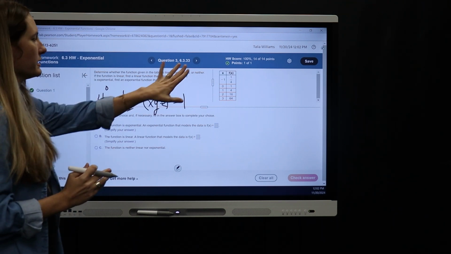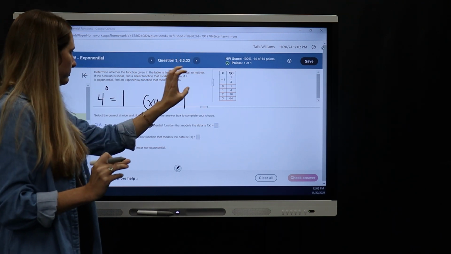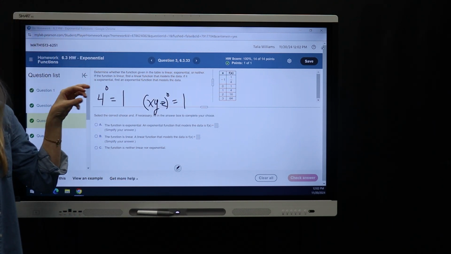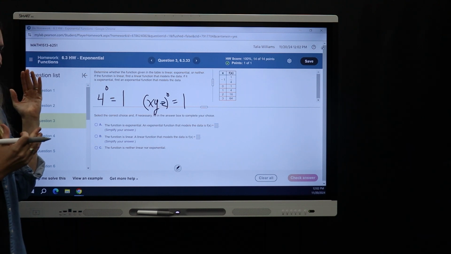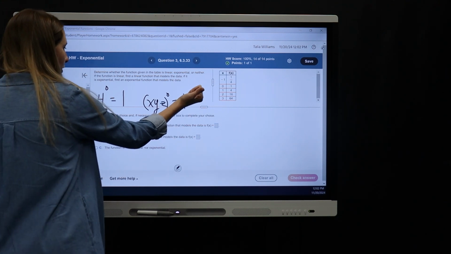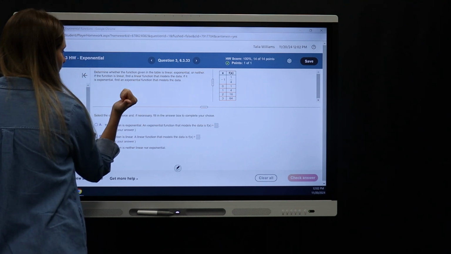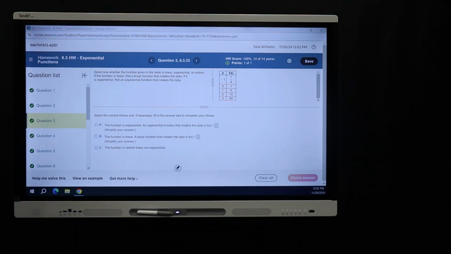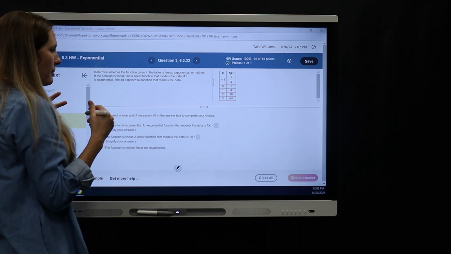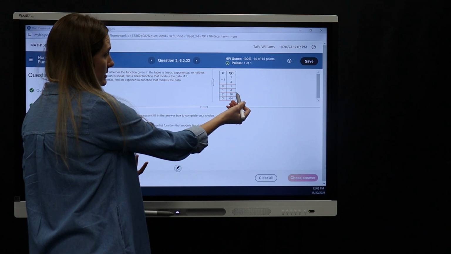So if we're using this exponential function model, and at 0 it's 1, that tells me that whatever is at 1 is my base.